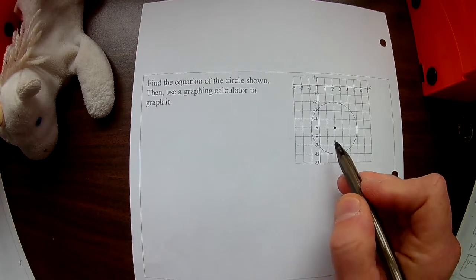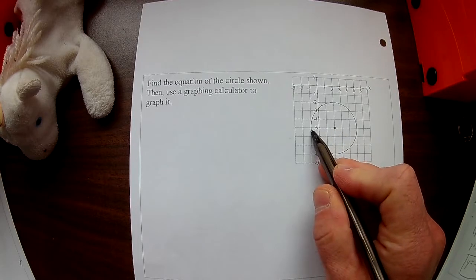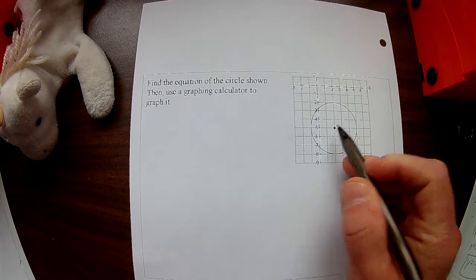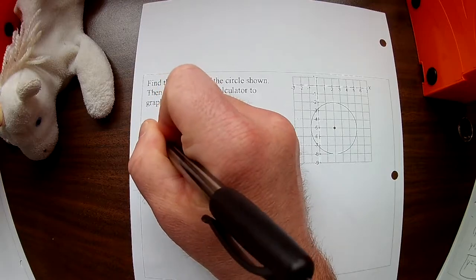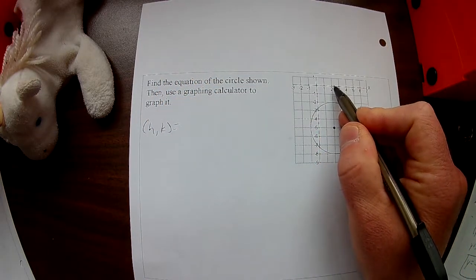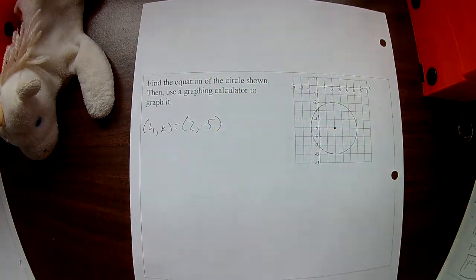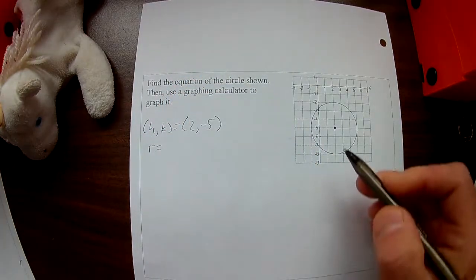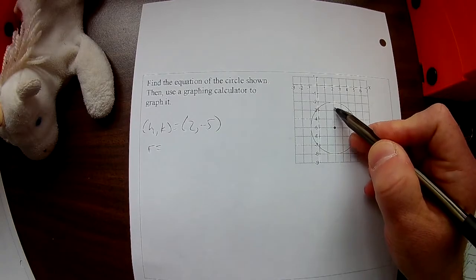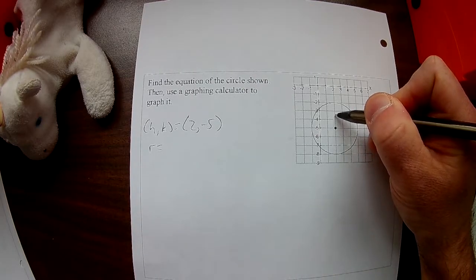All right, so to find the equation of the circle here, our center, h, comma, k, is equal to 2, negative 5. Our radius, it looks like we can just count out the radius, can't we? 1, 2, 3.